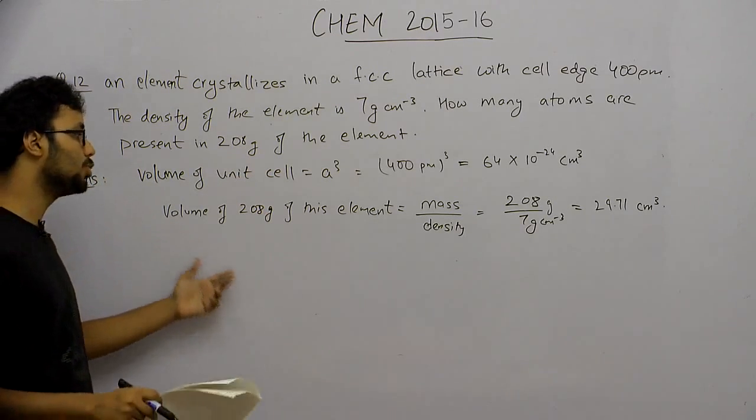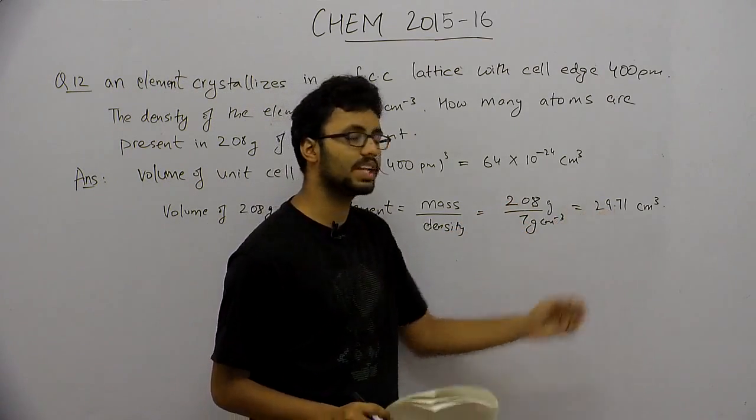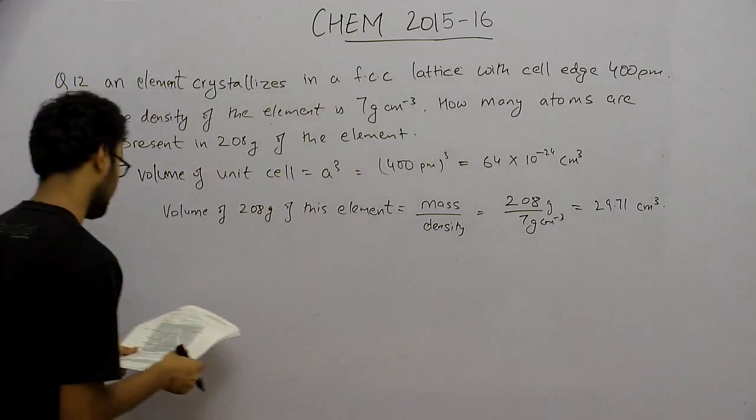So the volume of 208 gram of this element equals mass divided by density. Sorry, the question asked about 208 gram of the element. So the volume is 208 divided by 7 gram per centimeter cube, that is 29.71 centimeter cube.